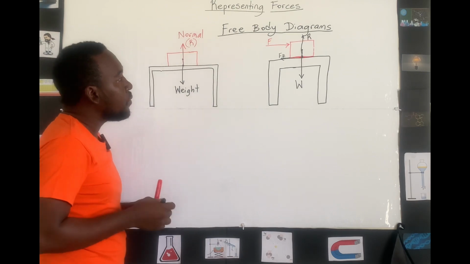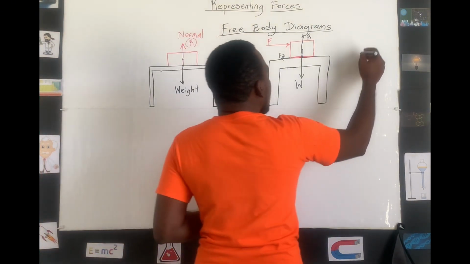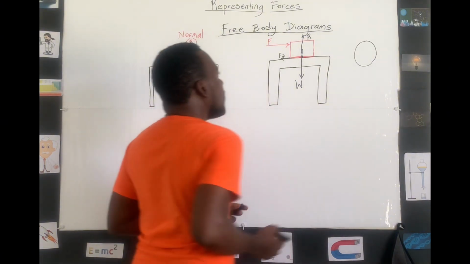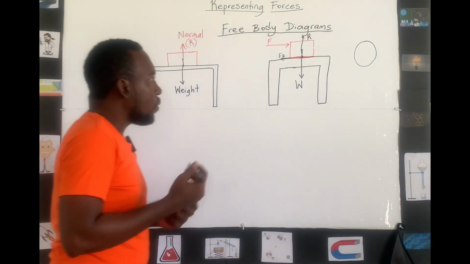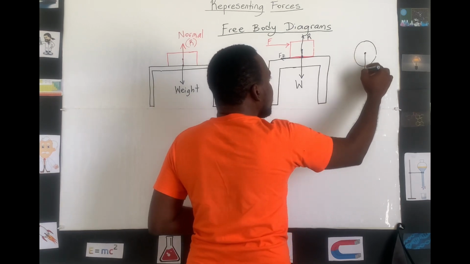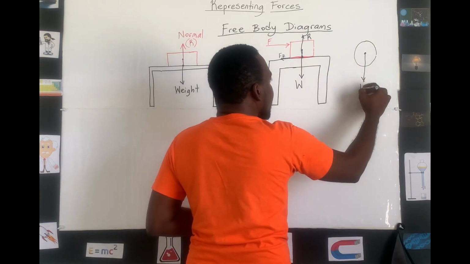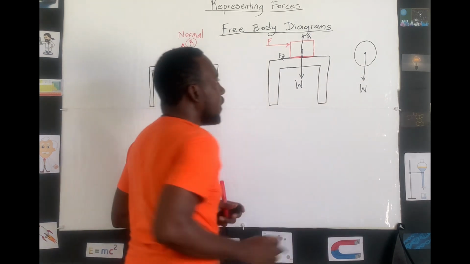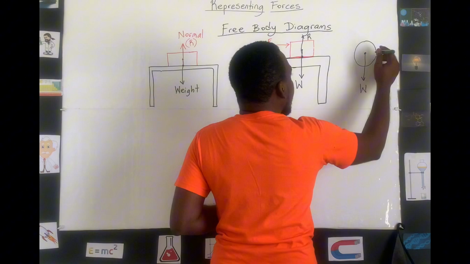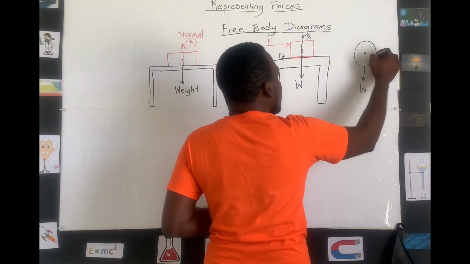Now let's examine an object falling in the air. So we have this object falling in the air. Now what do we know? We still know that there is a force from the center of the object going down, which is the weight. Right? Now, if this object is speeding up, we're going to have air resistance acting on this object.